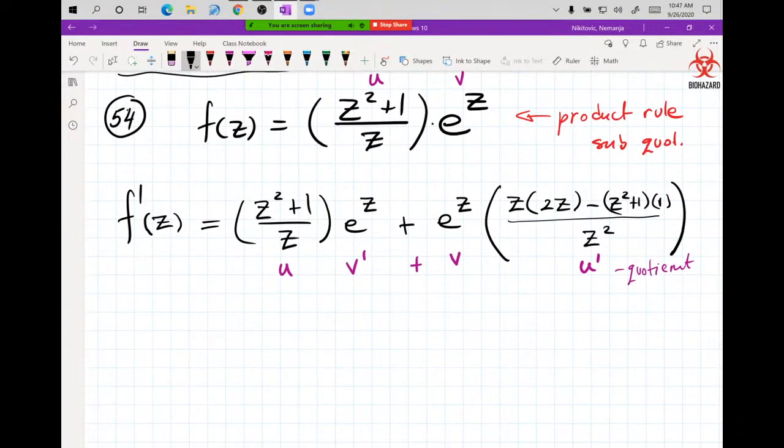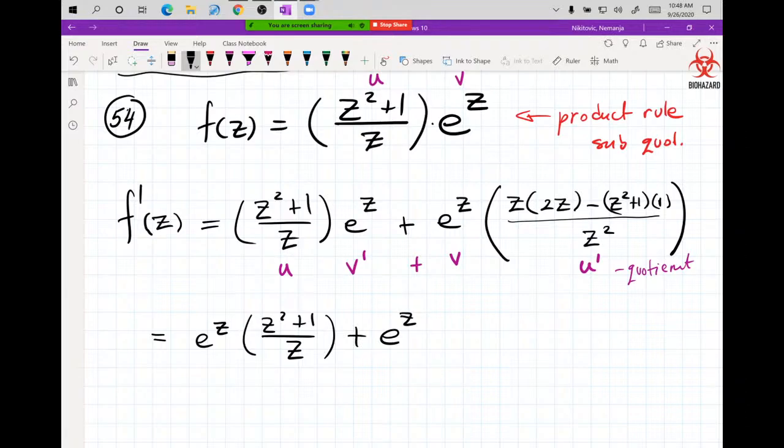So now we simplify this as much as we can. I'm going to still keep this until I simplify the quotient rule part, and then we'll factor out. Easy problem, easy. Not even close.